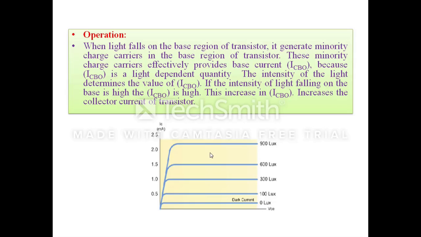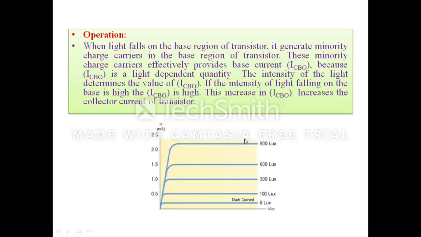In other words, we can say that the collector current of this transistor is proportional to the intensity of light falling on its base region, and that's why this transistor is known as a phototransistor. This figure shows the characteristic of the phototransistor, and these characteristics are plotted between VCE and the collector current for different intensity levels.